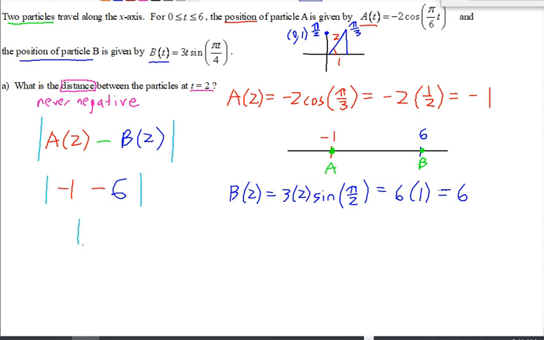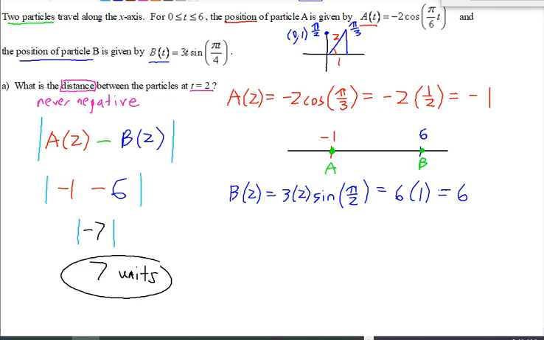So instead of negative 7, which doesn't make sense for a distance, we got positive 7. And since it's just on the x-axis, it's just units. So that way, if you put the absolute value, it doesn't matter which one you end up putting first, A or B, the absolute value will ensure that either way it will end up being positive 7, the actual distance.